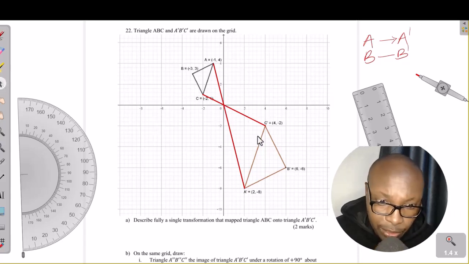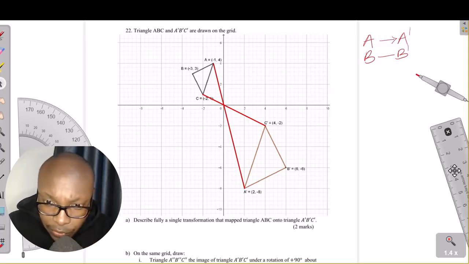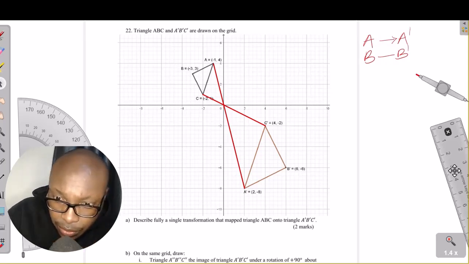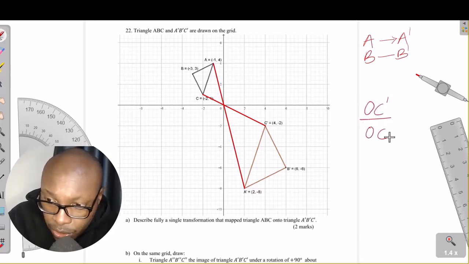How do you get the scale factor of enlargement? You can get this measurement from C to O, and then O to C prime. So I'll take the distance O to C prime divided by OC.